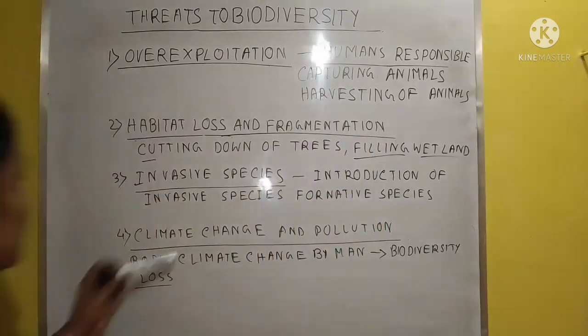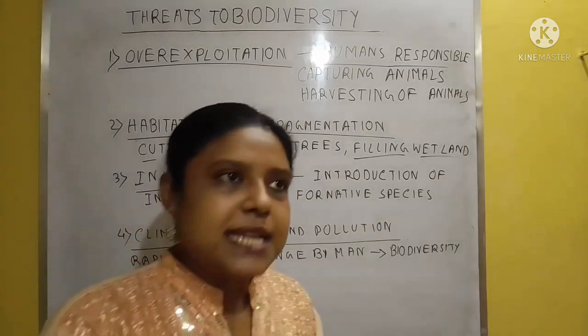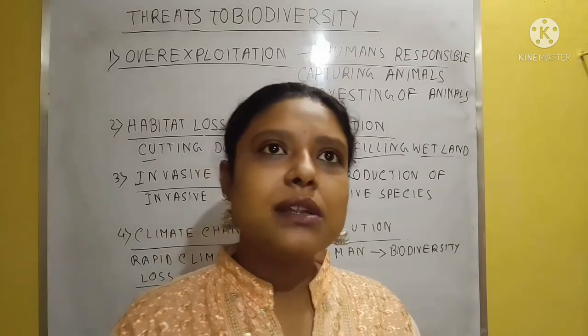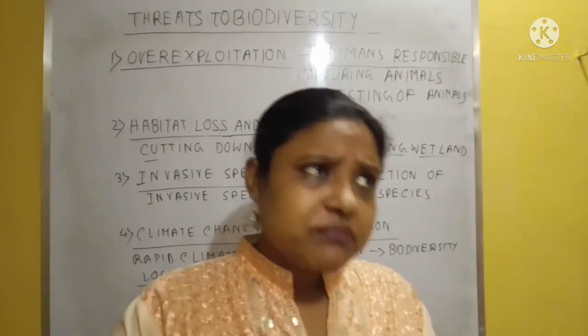And the fourth one is climate change and pollution. Climate change occurs naturally, but naturally it occurs after a long time. That means in that situation all the species can get time to increase the adaptive features within their body for accustoming to the environment.